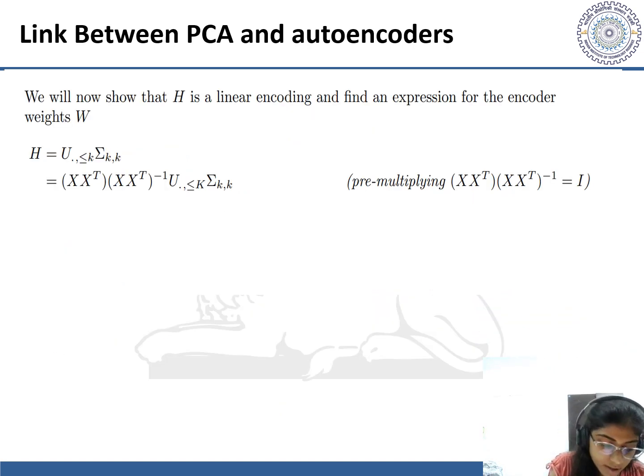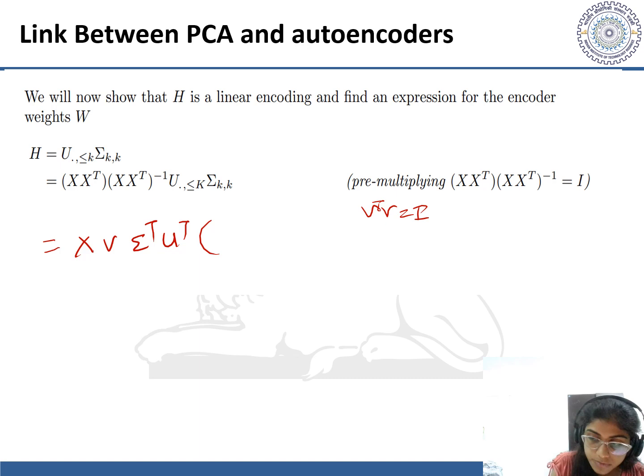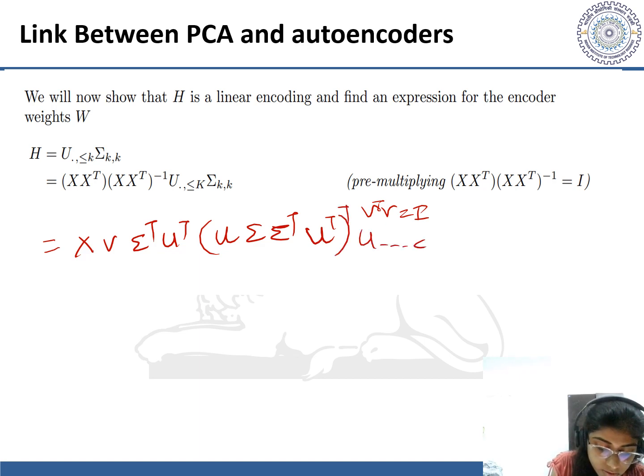So I had V transpose V as identity matrix. So ultimately I get something like this: X V sigma transpose U transpose into U sigma transpose U transpose inverse. U goes from this less than equal to K sigma K cross K. Okay. Now this is inverse.